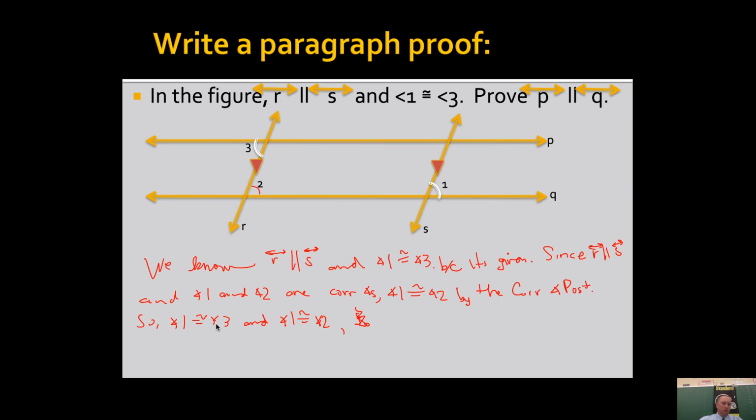Angle 1 is congruent to angle 3, and angle 1 is congruent to angle 2, which means angle 2 is congruent to angle 3 by the transitive property of congruence.